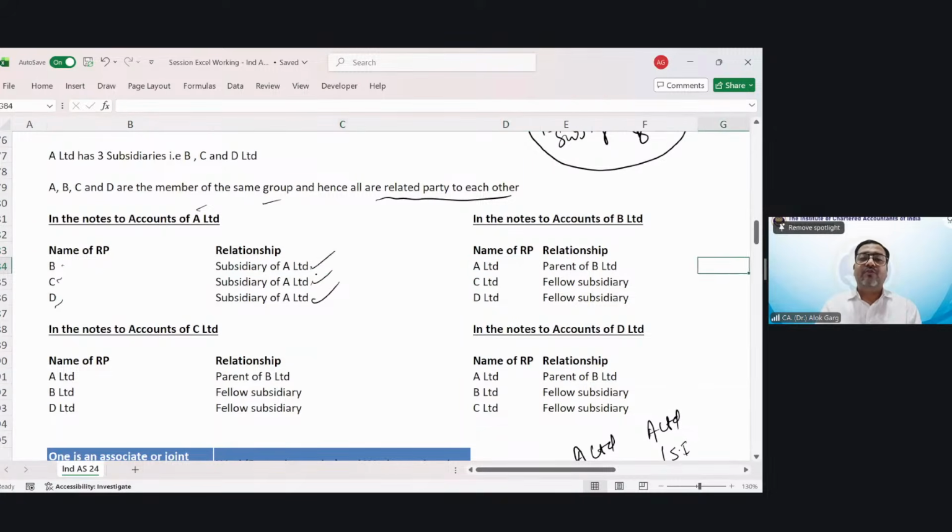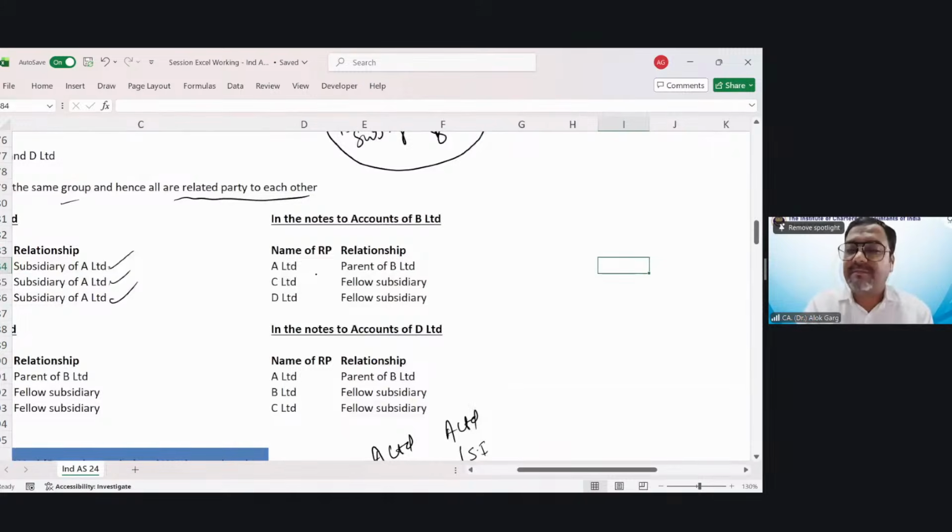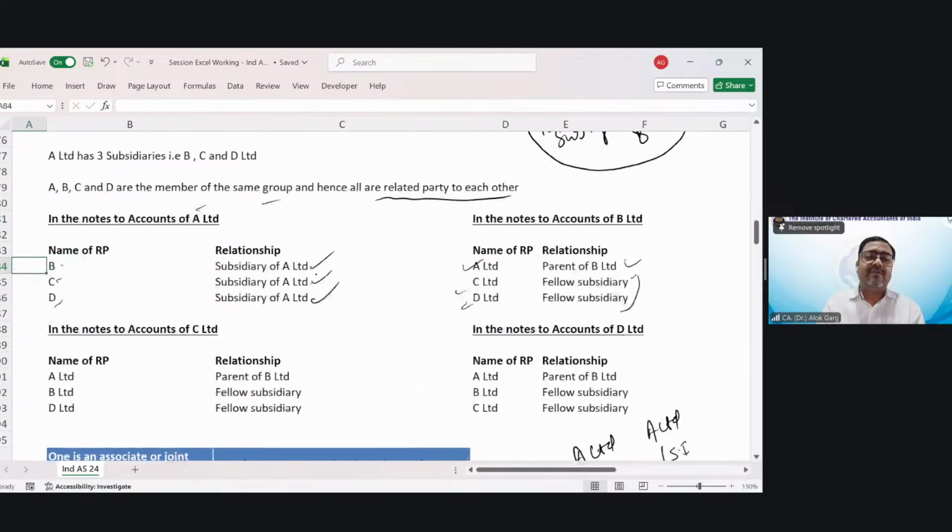Now, in the notes to accounts of B Limited, what will be there? In their notes to accounts, A Limited is a parent, C and D Limited are fellow subsidiaries. They are the siblings. In the disclosure of C Limited, A Limited is a parent, B and D Limited are fellow subsidiaries.